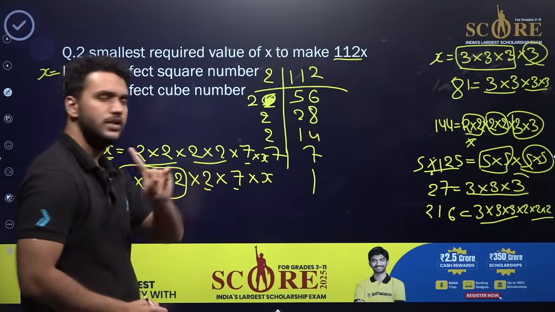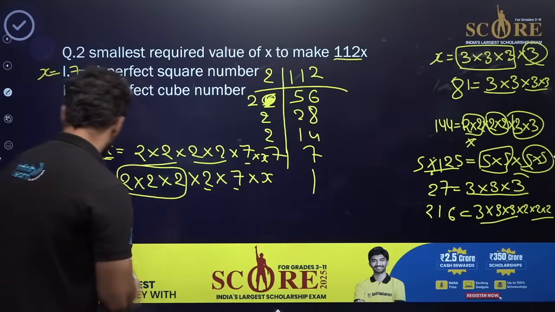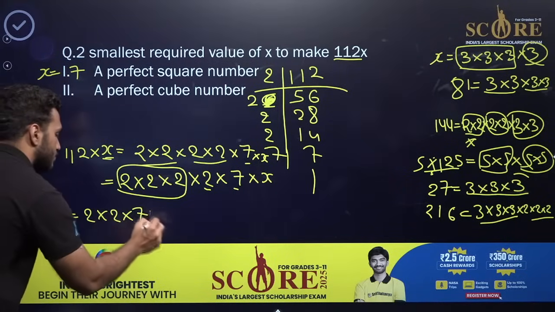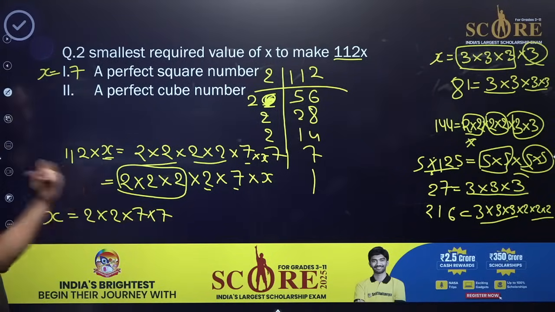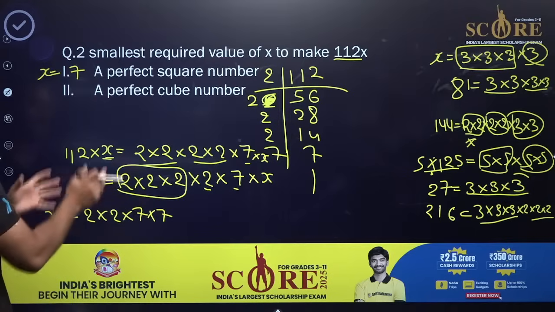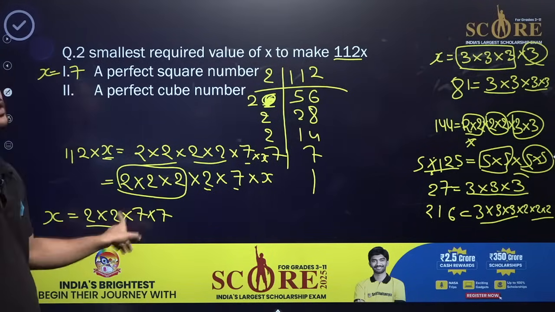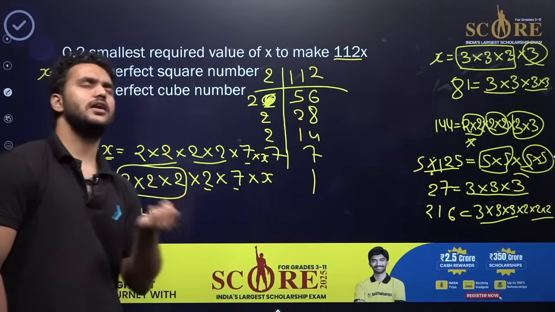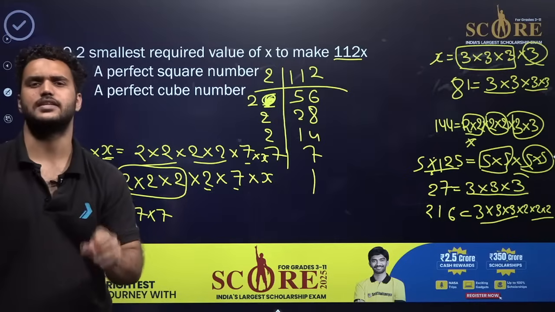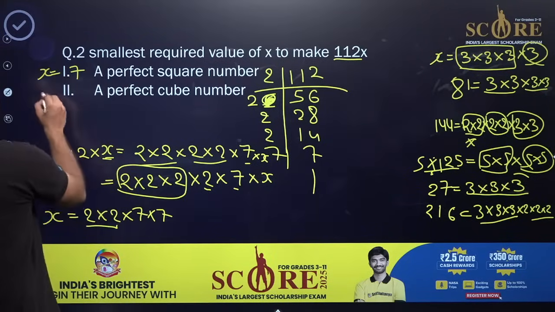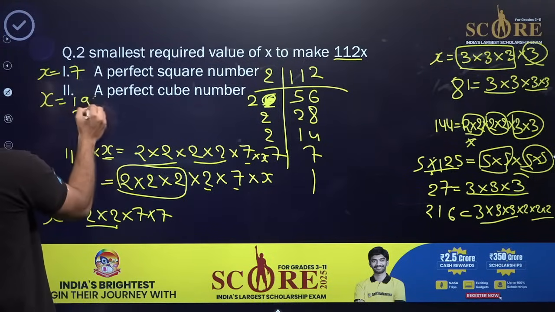But sir, we have only one 7. We need two more 7s. Then x should have at least two 7s more. So this should be the minimum value of x to make it a perfect cube number. What is the value of this? 2 to the power 4, and 7 times 7 is 49. 49 into 4 is 196. x should be 196.